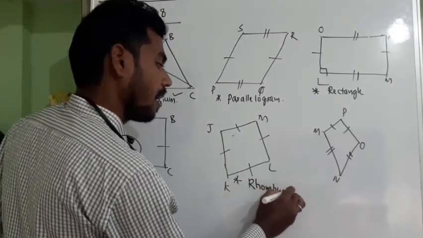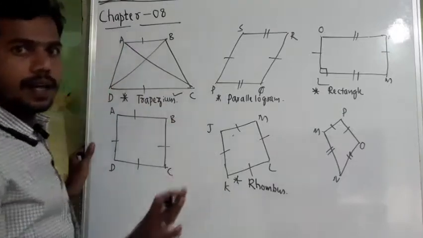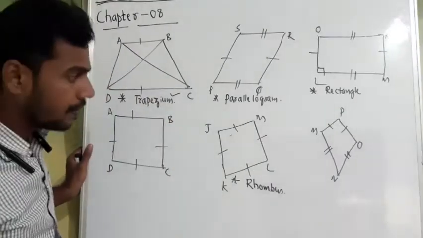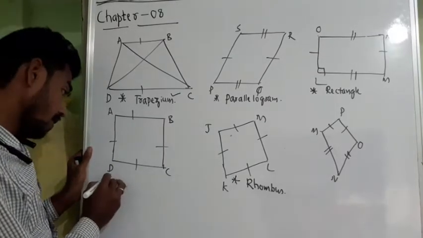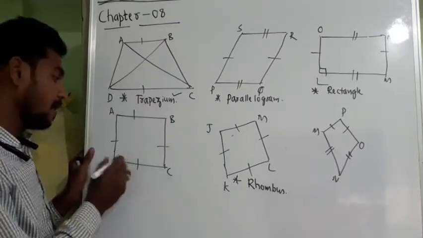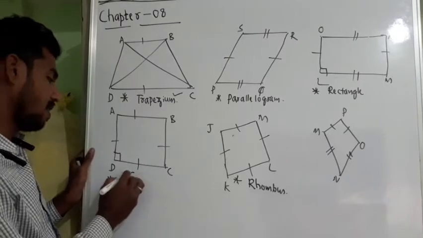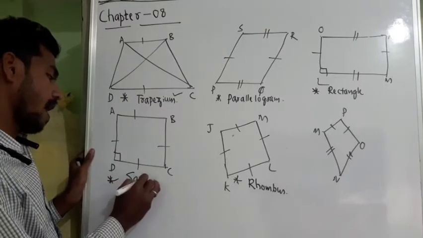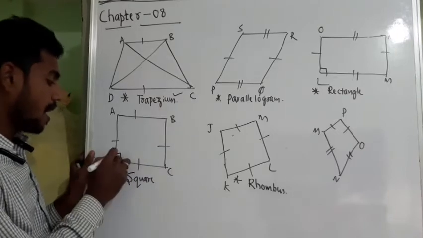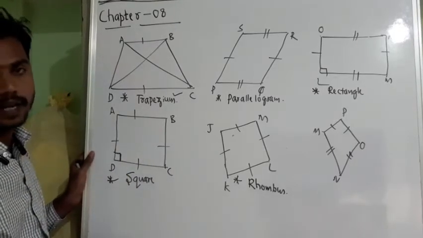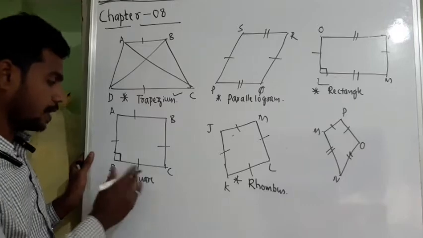If all the sides of a quadrilateral are equal, we call it a rhombus. And in a rhombus, if one of the angles is equal to 90 degrees, we call it a square. All the angles are equal, all the sides are equal, and one angle is 90 degrees, so we call it a square.